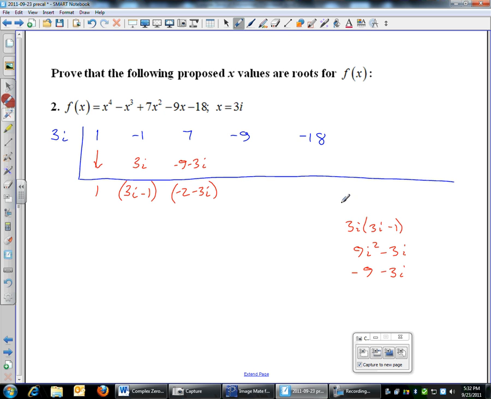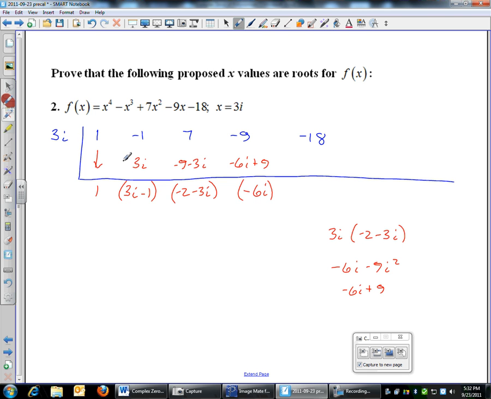And I'll multiply again. 3i times negative 2 minus 3i. Distribute: negative 6i, negative 3 times negative 9i squared. And again, don't forget i squared is negative 1, so this is the same thing as negative 6i plus 9. Ooh, that's nice because negative 9 plus 9 cancels. That just leaves negative 6i.